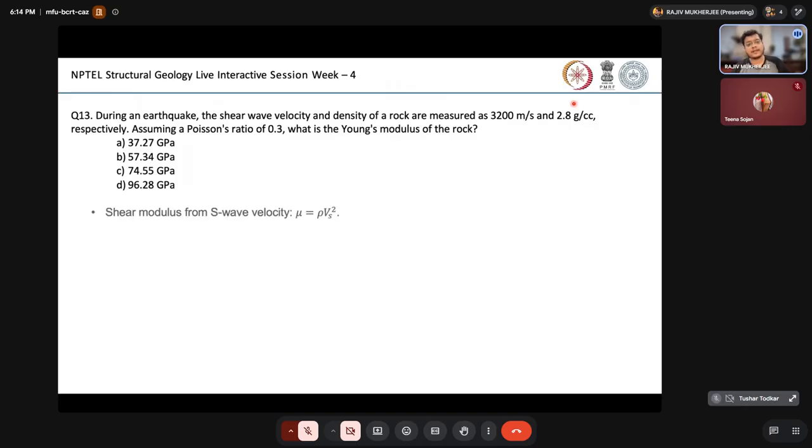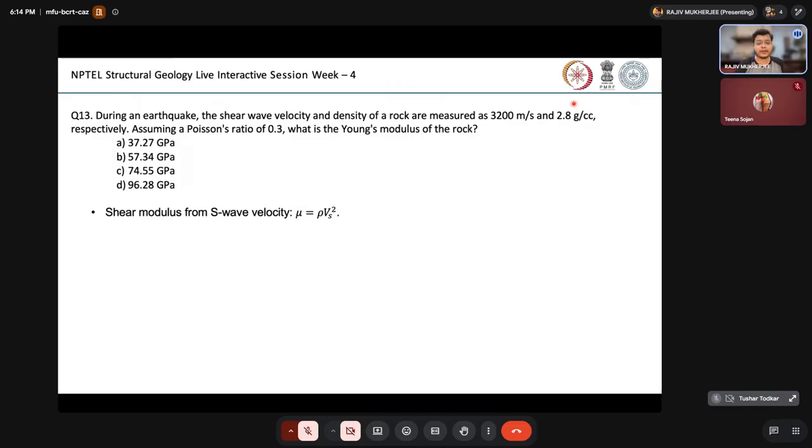So the shear modulus from S wave velocity is mu is equal to rho Vs square. So you know the density and you know the velocity, so you can then calculate the rigidity modulus from this formula.